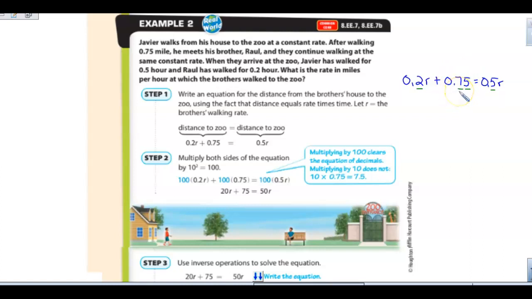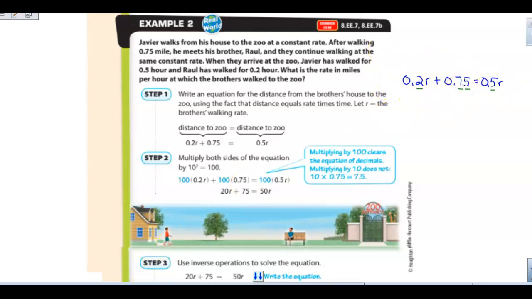And, as usual, we need to make sure that if we're making any changes, we're making the same change to everything to maintain that balance.